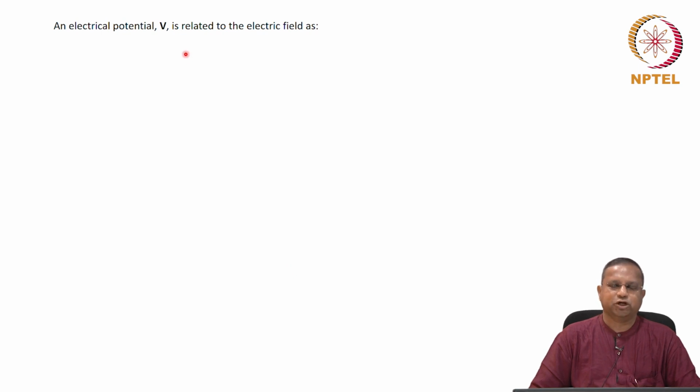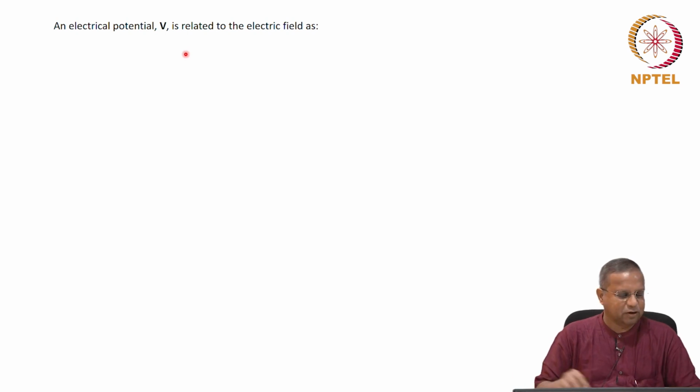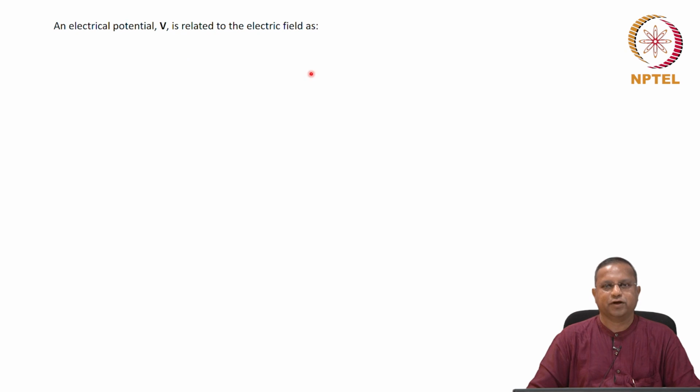An electrical potential, you all know about electrical potential right from high school, right? So let us look at that from the context of whatever we've been talking about so far in electrical description. An electrical potential is related to the electric field as E equals minus del of V. So the negative of the gradient of V is the electric field, equation 5.5-10.